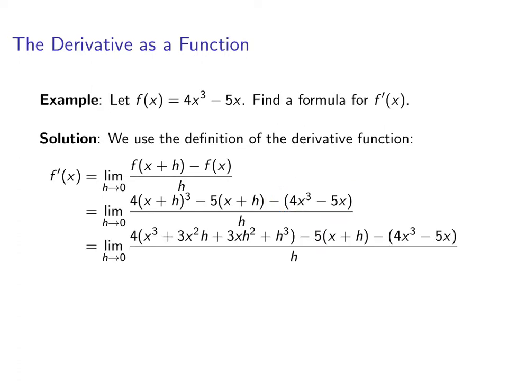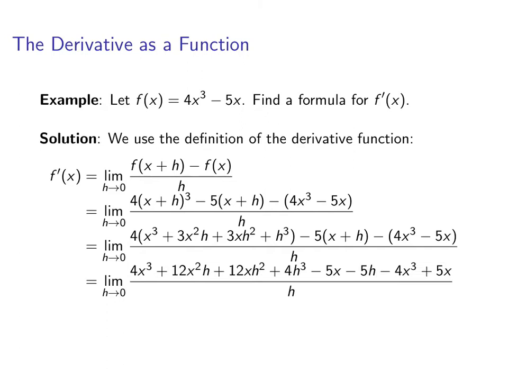All right, so we're going to multiply everything out. We multiply out that (x plus h) cubed, and now we'll do the distributing of everything, and we get this big mess, and a whole bunch of stuff is going to cancel. Okay, now after canceling, you should rewrite what you've got.